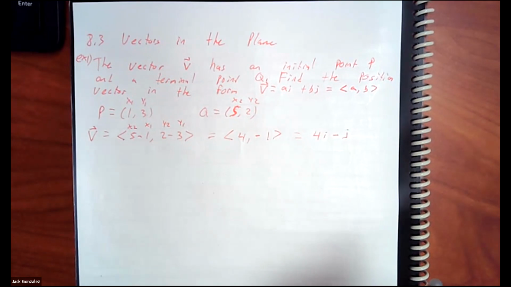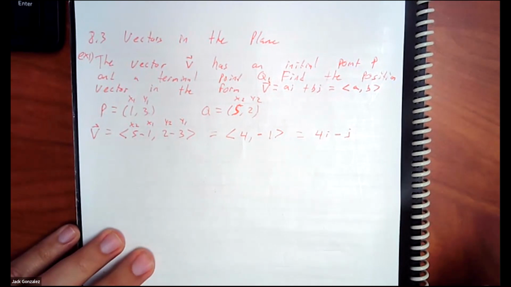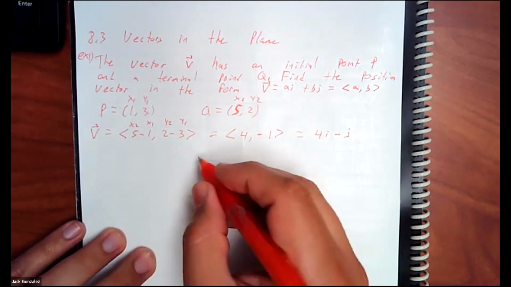So when you get to higher level physics and engineering, you'll have forces in 3-dimensional spaces. Or if you had a beam and a structure, you'll have forces going in 3-dimensional directions. But anyway, visually, what the heck is this?